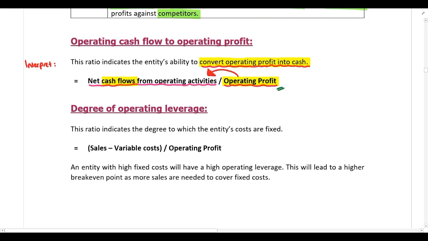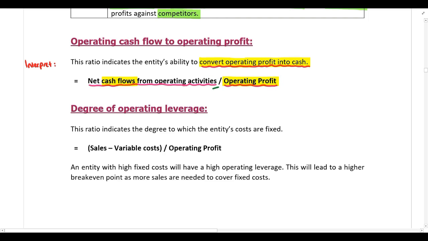But if we then compare this to the cash that they generate from their operating activities, we'll pick up if there's a problem. Because that's fine. You should try and improve profits. However, that mustn't be to the detriment of the cash flow position of the company. They need to still be able to collect the money from their debtors. So we are looking at the ability of the company to convert the operating profit into cash.